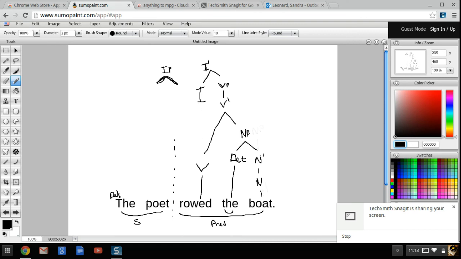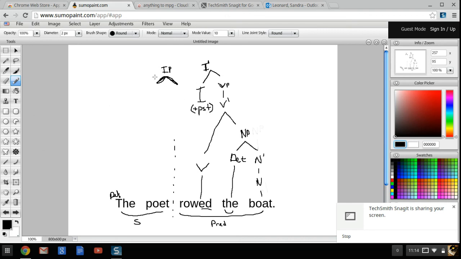Like if I said the poet would row the boat if you gave him $1. But in this case, rowed, I know from this ED, we know from morphology, is past tense. So yes, I say, yep, it's PST. Okay, surprisingly good handwriting for a mouse.